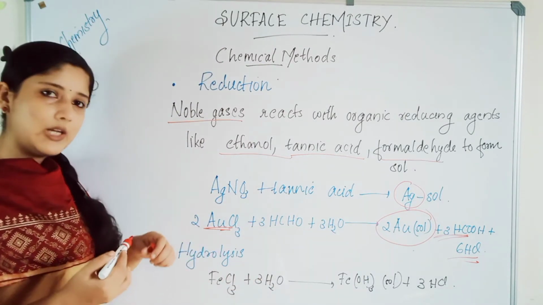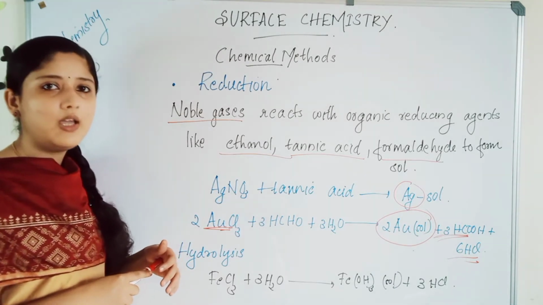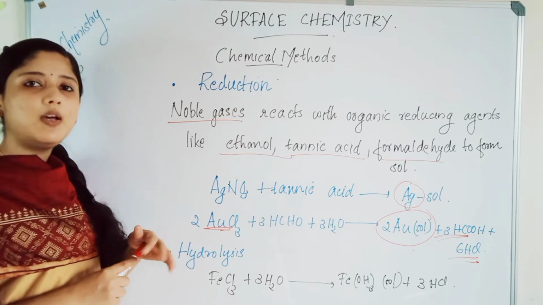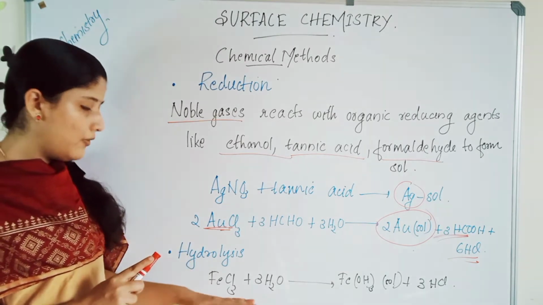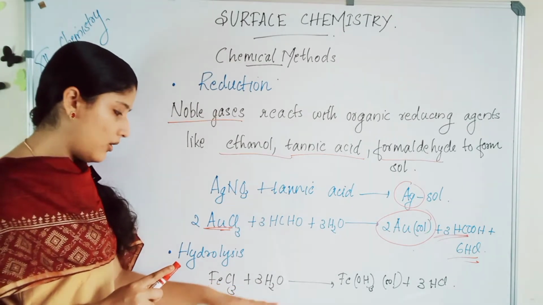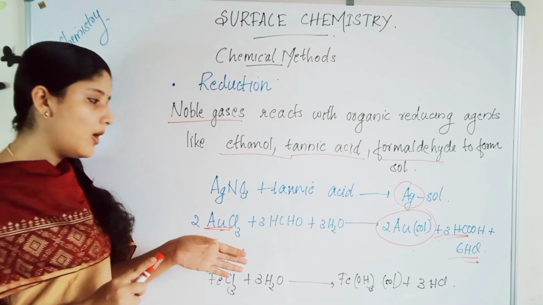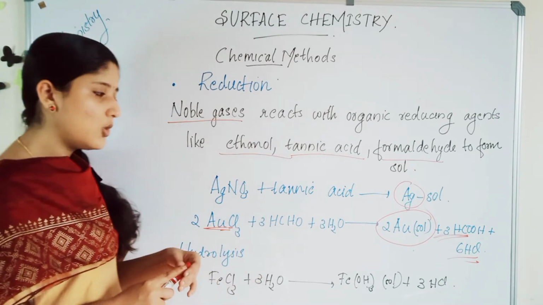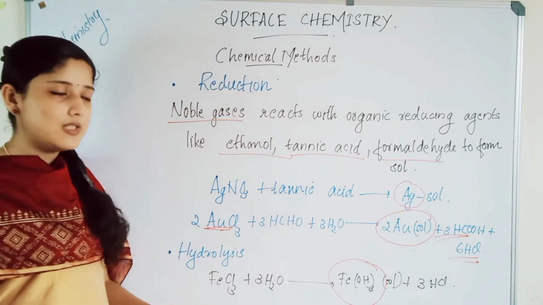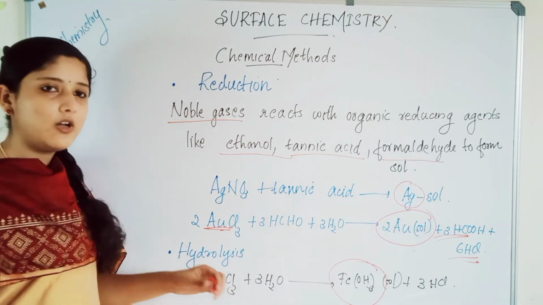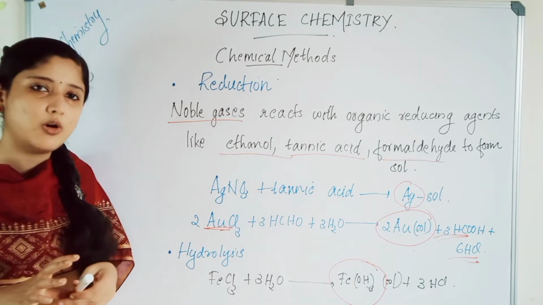The next and last method among these chemical reactions is hydrolysis. By hydrolysis we can prepare some colloidal particles. For example, ferric chloride reacts with water, or undergoes hydrolysis, to form ferric hydroxide colloidal particles plus 3HCl.